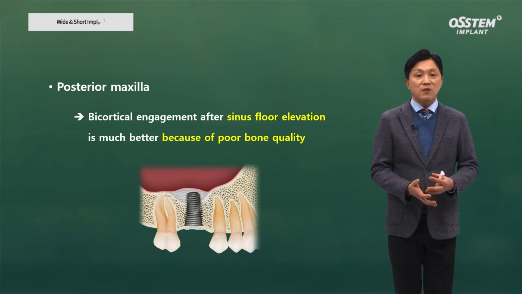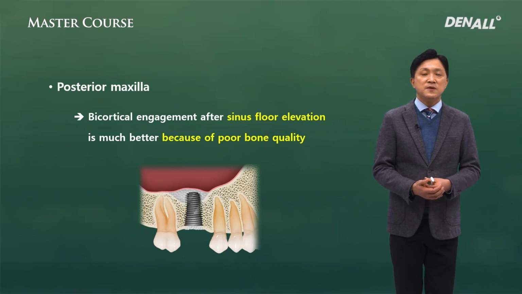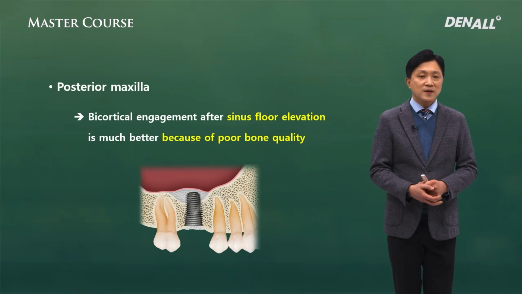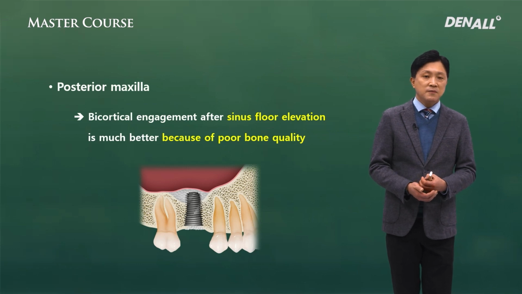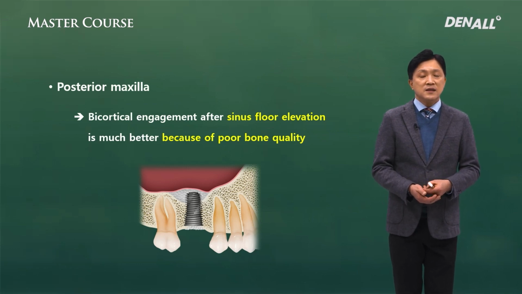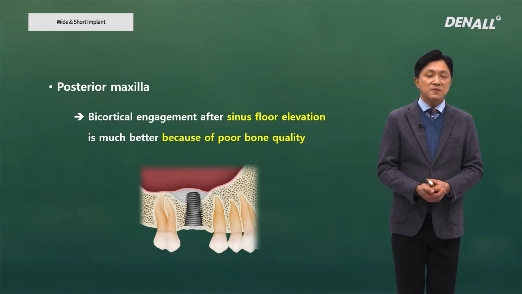So in my opinion, wide implants could be, compared to the lower part, not so necessary. So the diameter of the implant is not a critical point. It's not a must for the maxillary area. So maybe regular fixtures could also be a consideration.